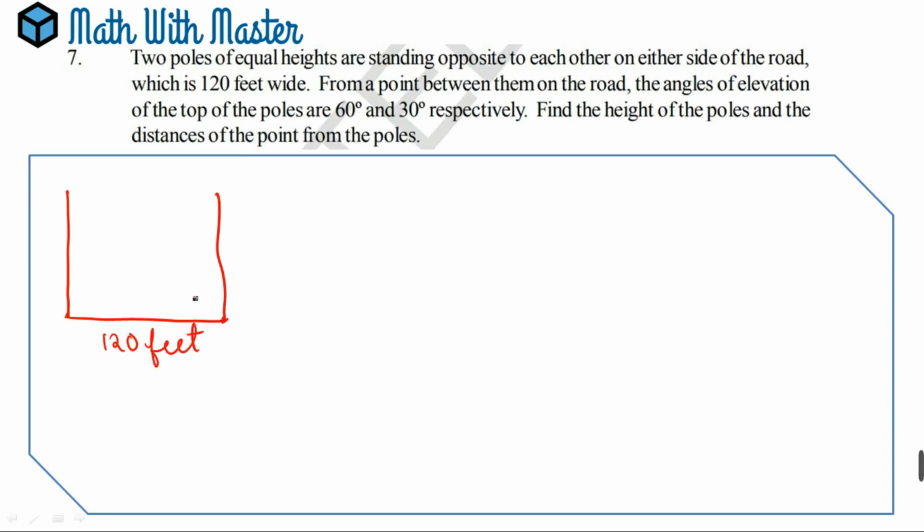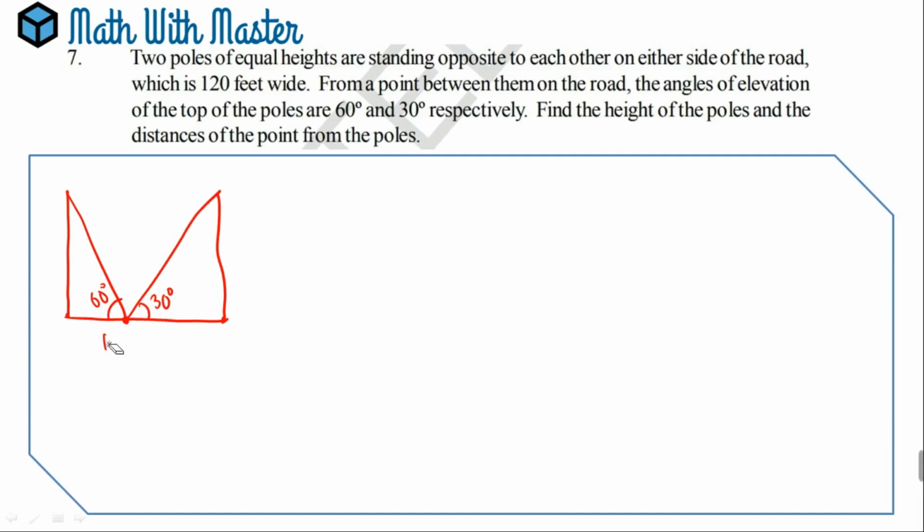So this is 120 feet, and from a point there is a 60 degree angle of elevation to the first one and a 30 degree angle of elevation to the second pole. So we have to find the height of the pole and the distance of the point from the poles.